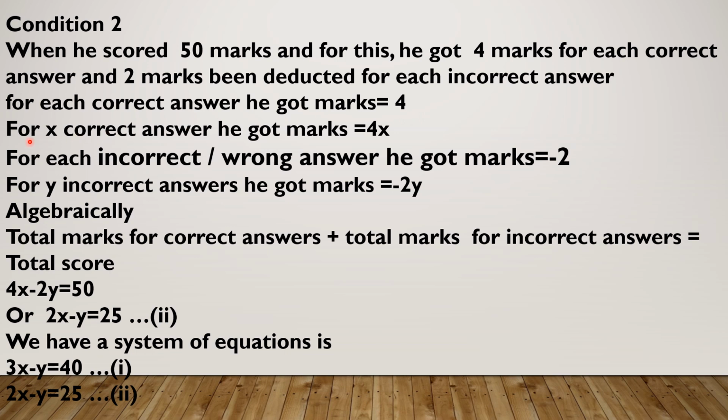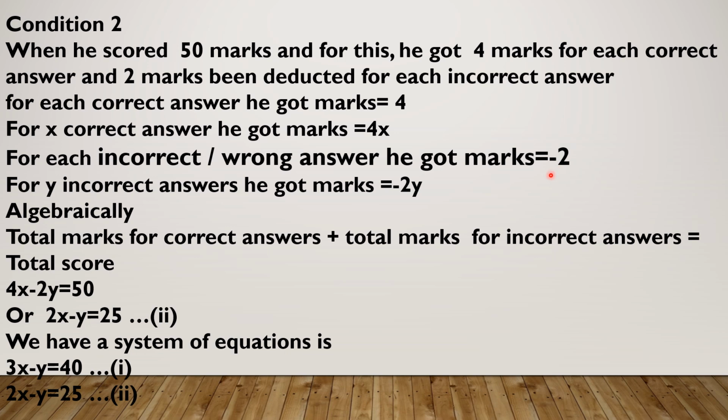So for x number of correct answers he got marks equal to 4x, because we have considered x as the number of correct answers. Now for each incorrect or wrong answer he got marks equal to minus 2.